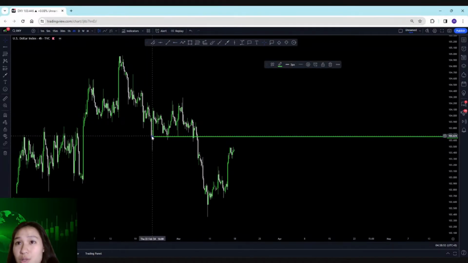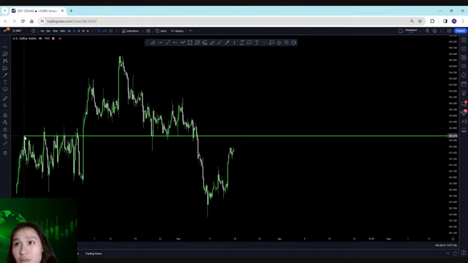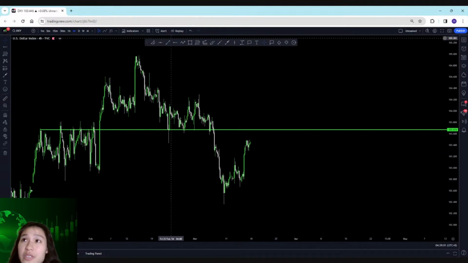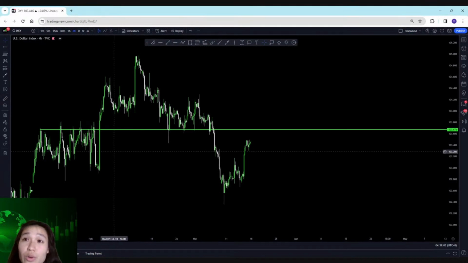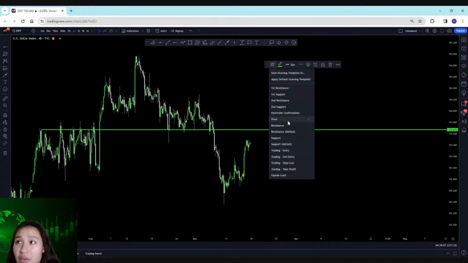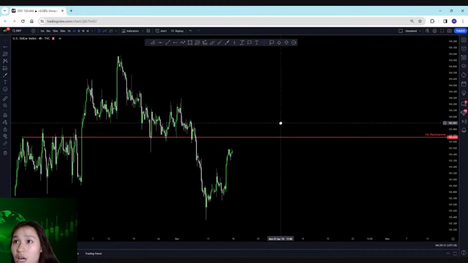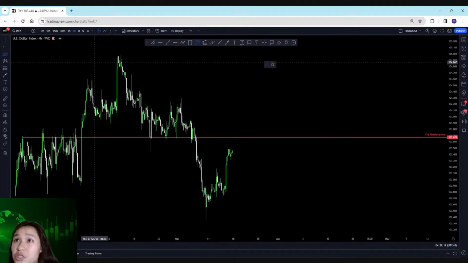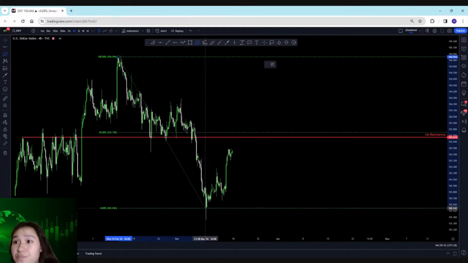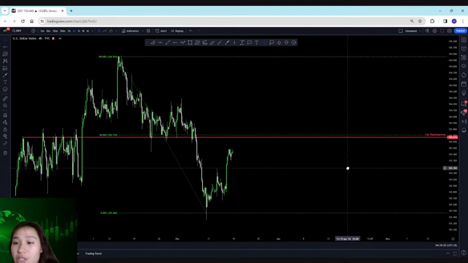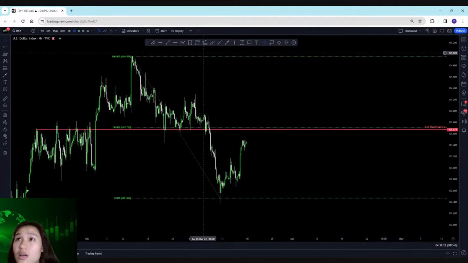You can see the number of swing lows over here, and in fact, the number of swing highs that it also lines up with. So basically when there's swing highs and swing lows that line up, this is an overlap level, and it's a really important level to take note of, because price is likely to retrace back to this level here. You can see my 50% retracement also lines up with this first resistance.